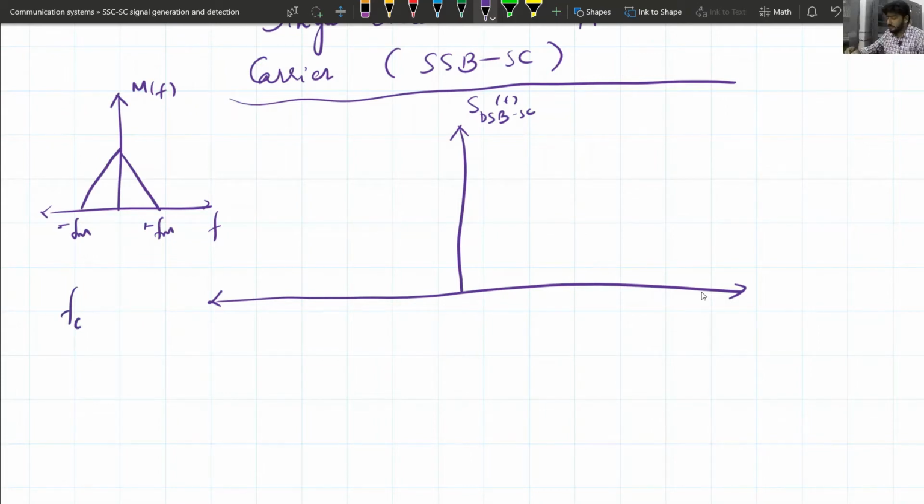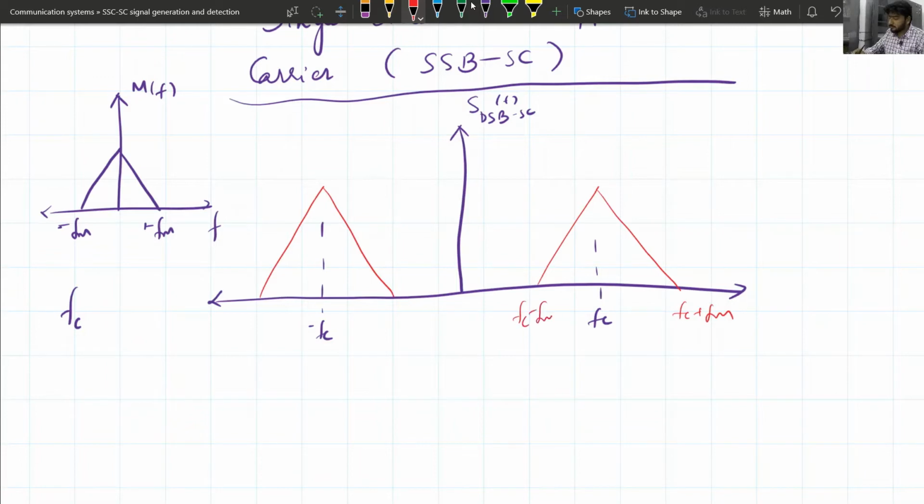Then we know that the DSB-SC signal is represented as follows. So this is the case of the DSB-SC signal.